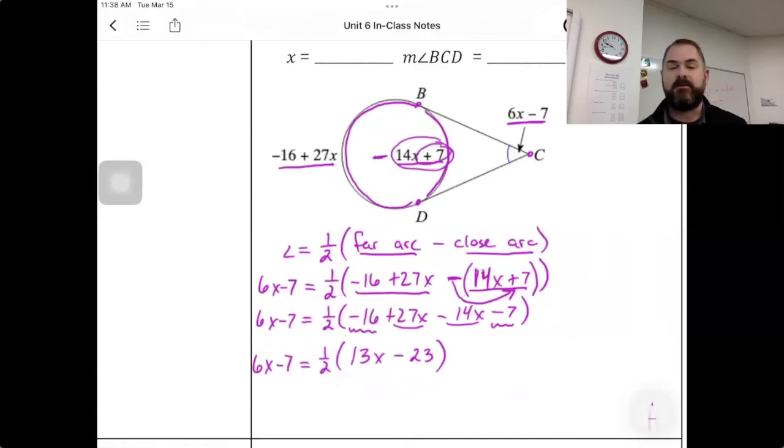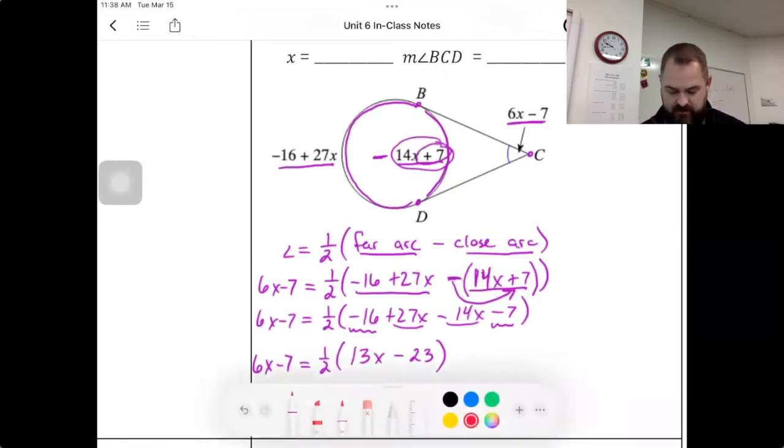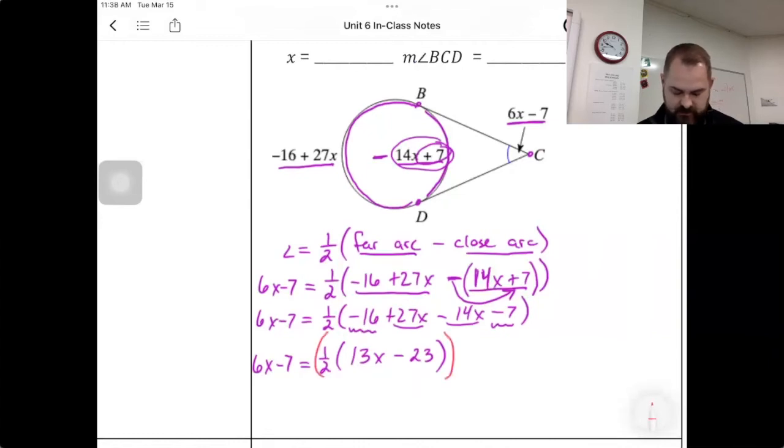Now, there's a couple different ways to go about this. I like to avoid fractions and decimals whenever I can. So I'm actually going to cancel the 1/2 instead of distributing the 1/2. Remember, 1/2 parentheses is like dividing all of that by 2, and the opposite of dividing is multiplying. So when it comes time to cancel this 1/2, I need to take all of this times 2, because that'll cancel the 1/2.